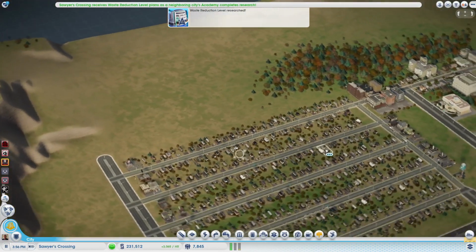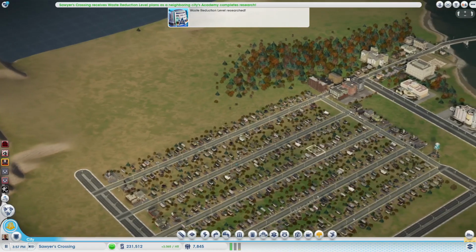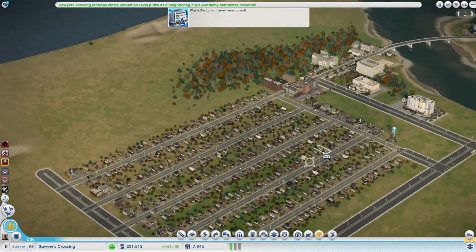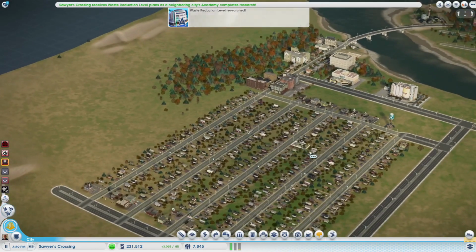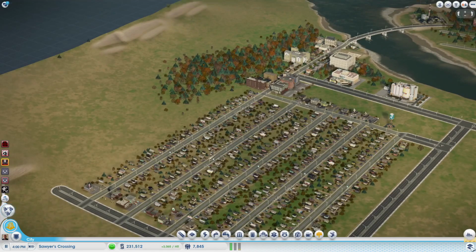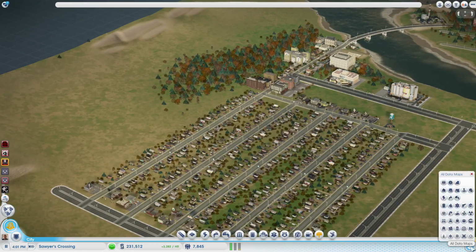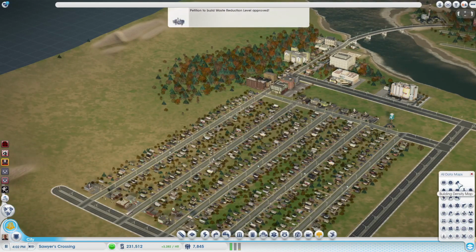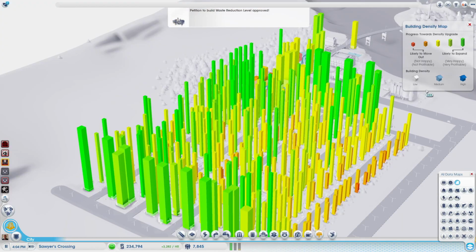So how do you know how successful you're being with your city and are they ready to upgrade? So in your data, you would click on the building density map, and the building density map shows you. So on this end, it says they are more likely.